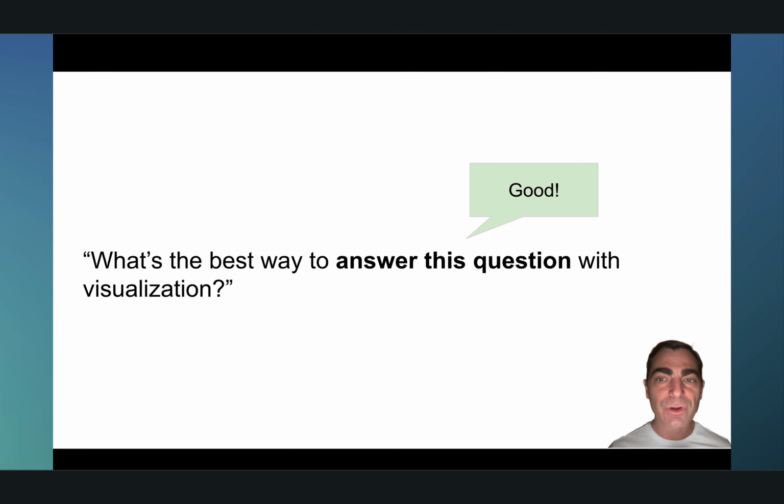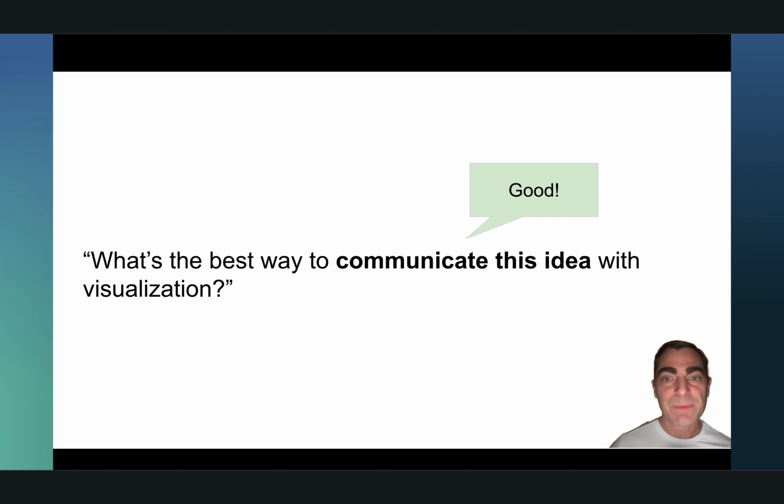When I have new collaborators and they ask me what is the best way to visualize some data that they have, I get back to them and I ask, what are the questions that you have? Can you give me a list of questions? That's a super powerful method to design effective visualizations. Or what's the best way to communicate this idea with visualization?